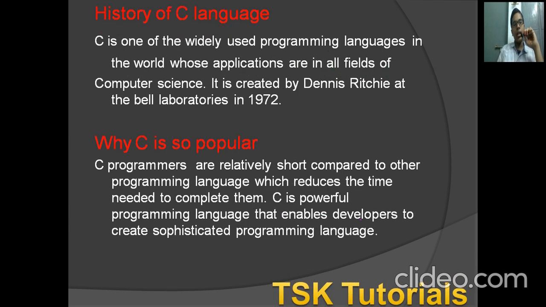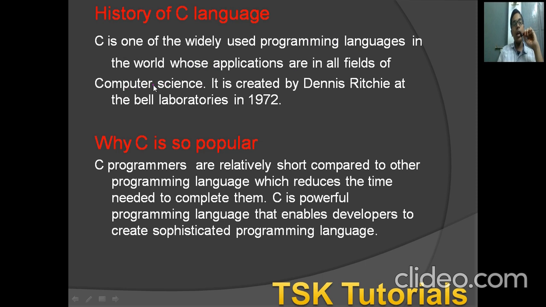Okay, let's get the history of the C language. C is one of the most widely used programming languages in the world, whose applications are in all fields of computer science. C is the oldest and widely used programming language, and it is used in government websites, government apps, and public sector units.